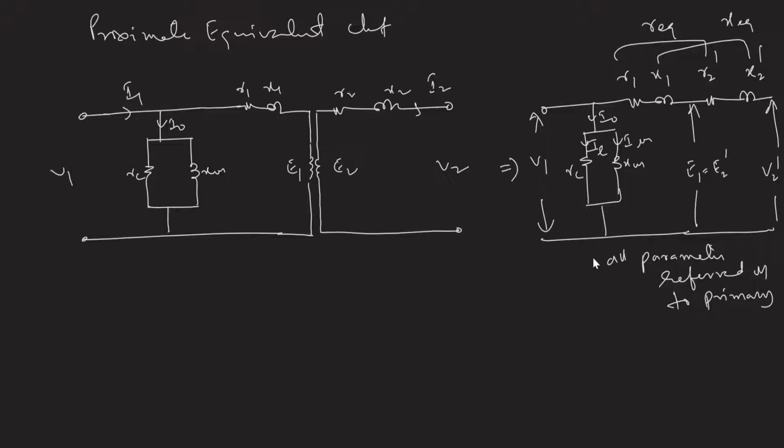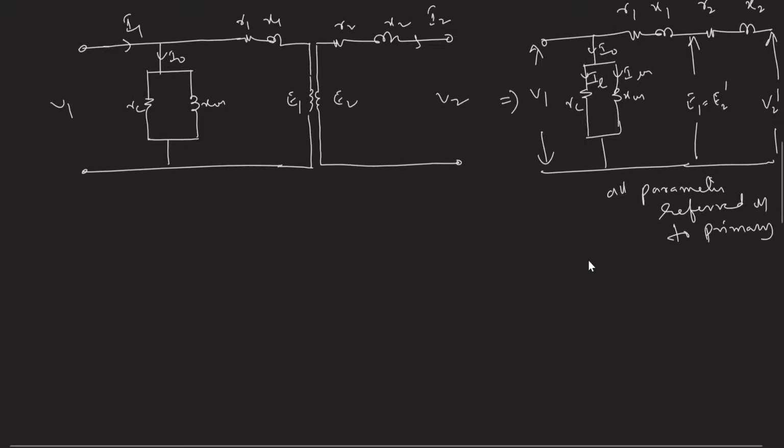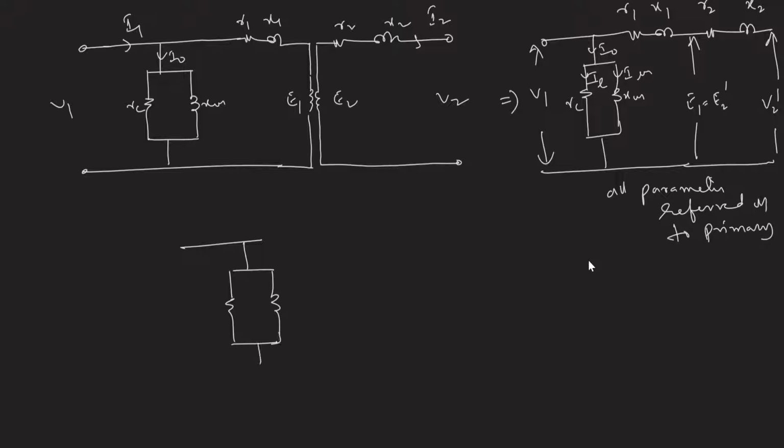And if I show it onto the secondary, the circuit diagram still looks the same, only the calculated parameter values will differ.